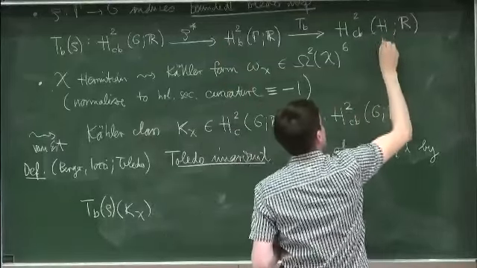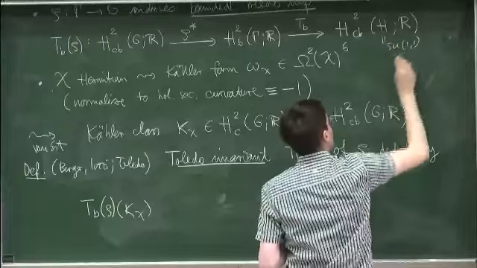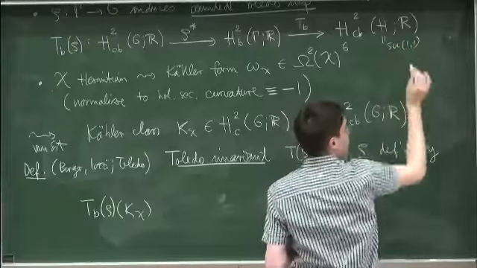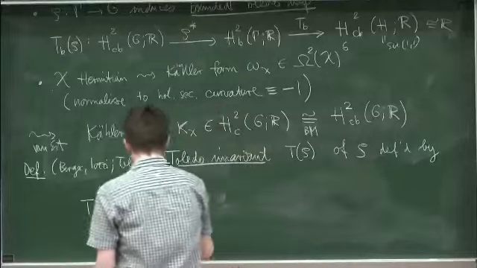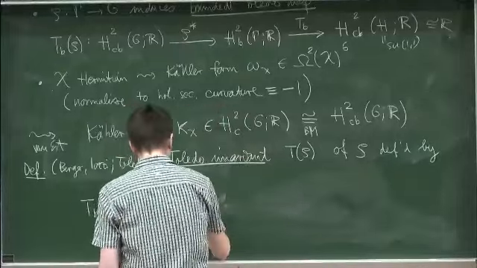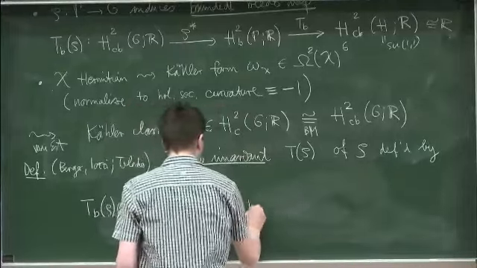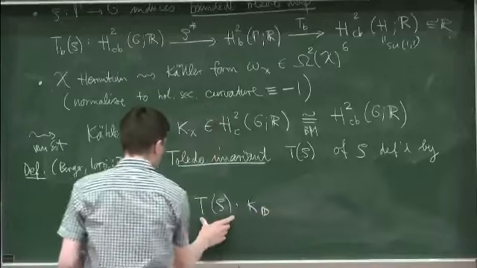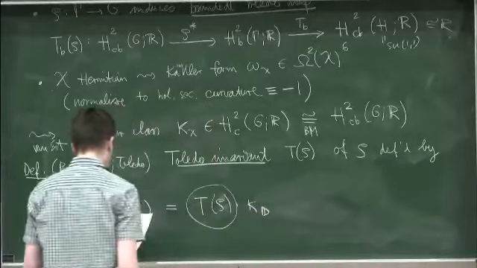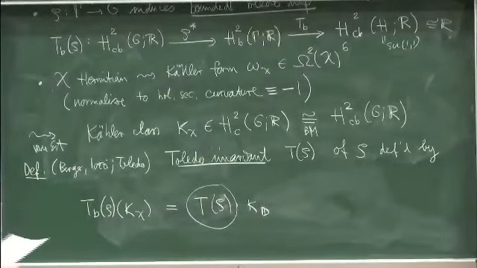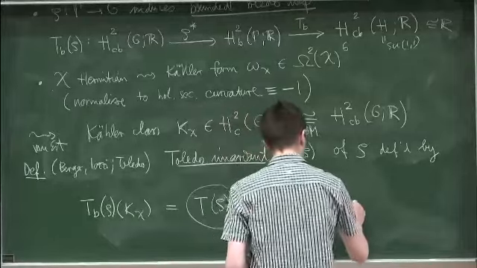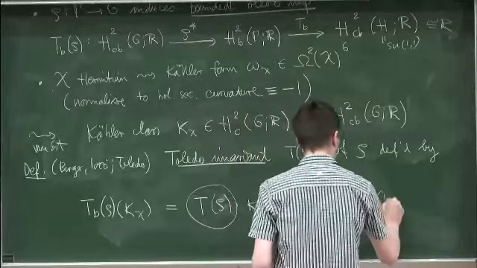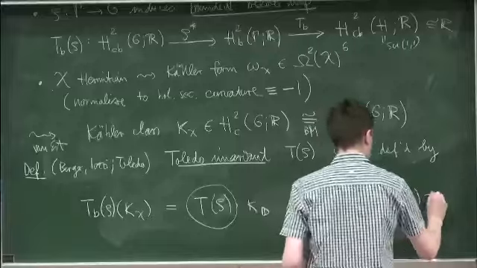But since H is SU(1,1), we've seen before by this example that this is just one-dimensional, so we can compare this image to the bounded scalar class on the Poincaré disk. It's a certain multiple, and this multiple here is exactly the Toledo invariant. Okay, and this is in H, which is one-dimensional.